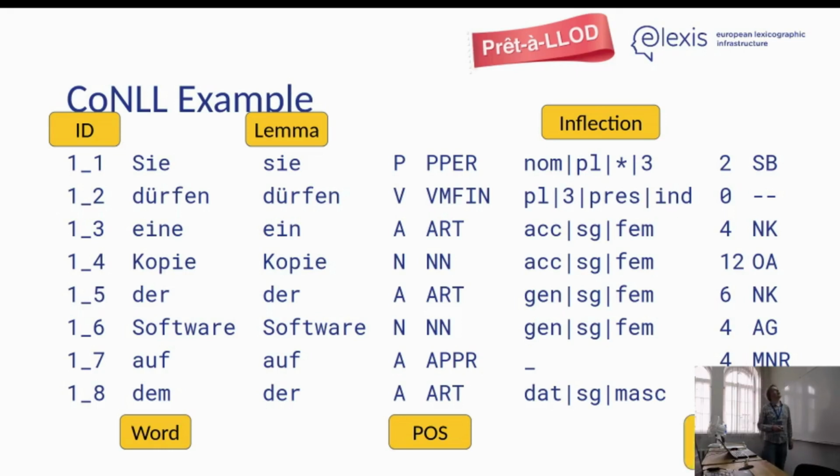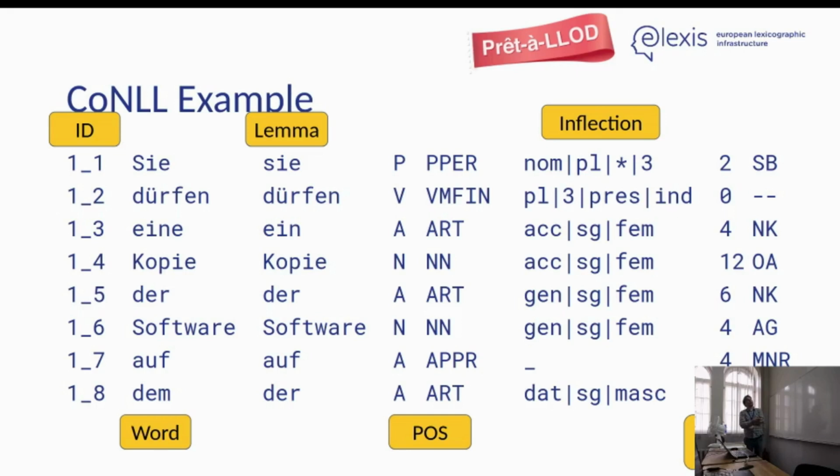And finally, we have the dependency structure. This is a little bit hard to understand, but basically what it says is that this word here is linked to word number 2, in this case dürfen, with property SB, which is subject. So it says that Sie is linked to dürfen, where Sie is the subject of dürfen.